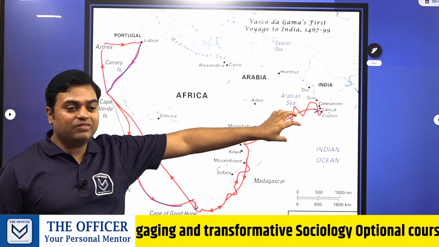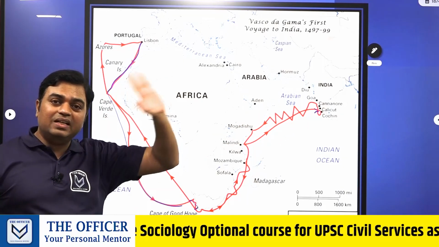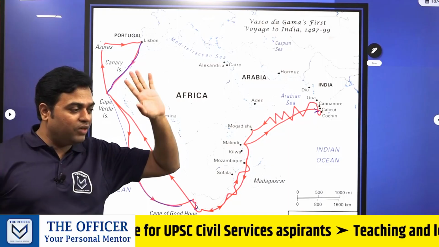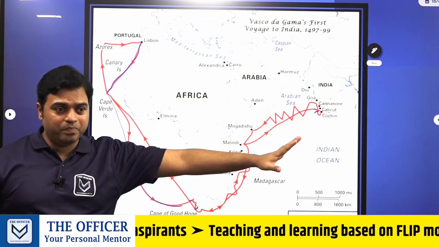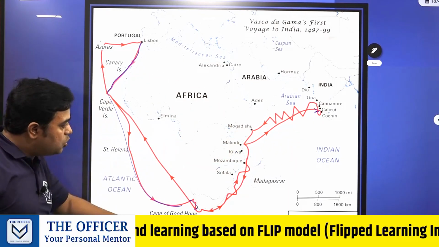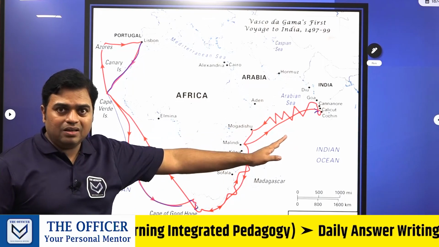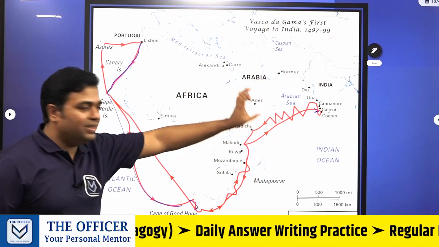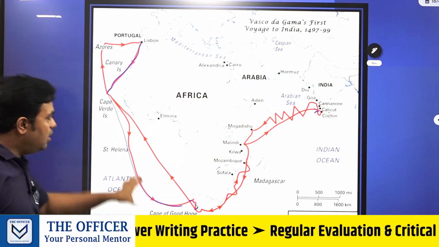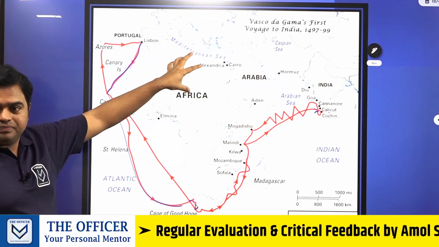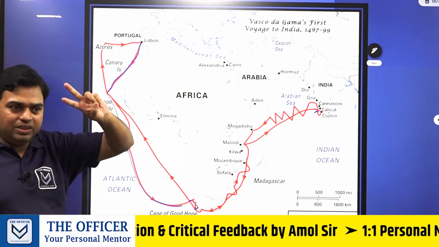And that's why spices were a very luxurious item for the European people and were very much in demand. So he also became able to find a new sea route. Because of that, new commodities in the form of spices entered into the trade. Okay, these two things happened here.